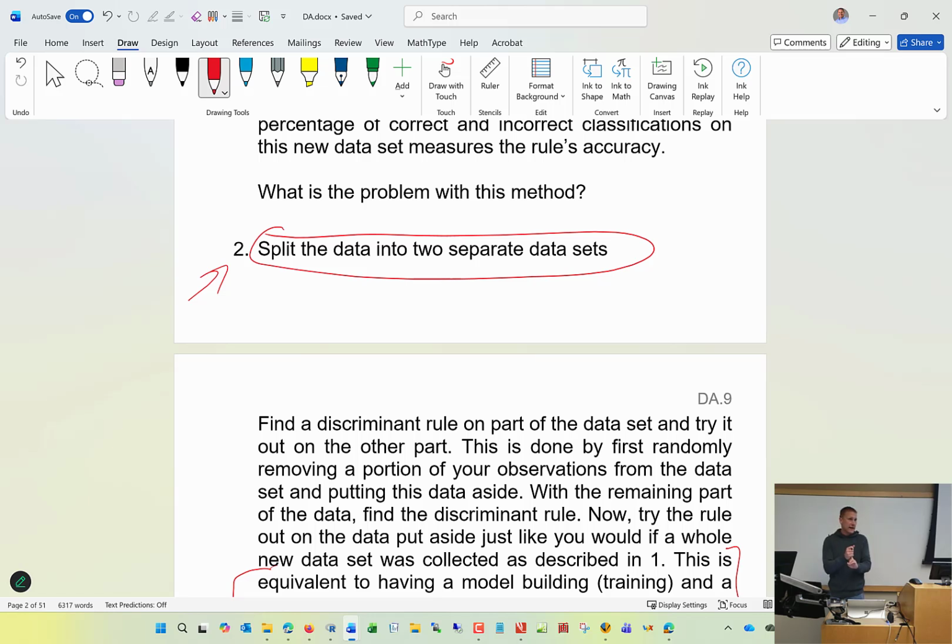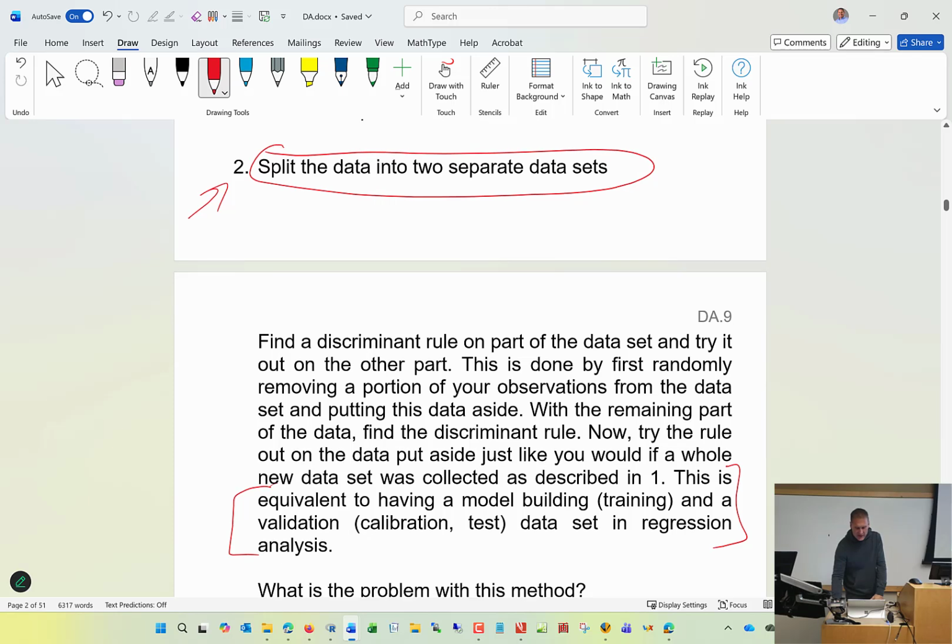Some people will call it a training data set. Those are typical names that are used. The word training means you're training this method on some data. Now, the data set that was put aside, that you're going to test the method out on, is sometimes called a holdout data set. Sometimes it's called a validation data set. You want to validate your procedure that you're developing. Some people will call it a test data set. Some people will call it a calibration data set as well. So be familiar with those terms.